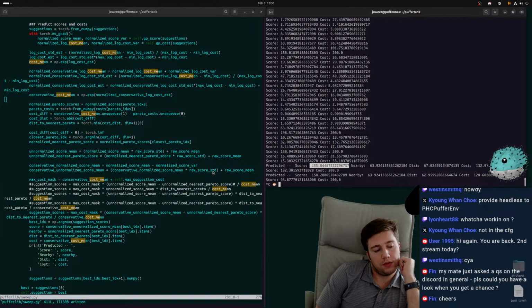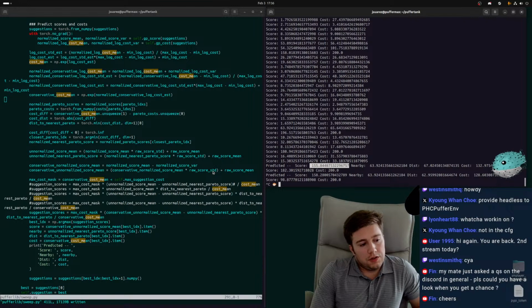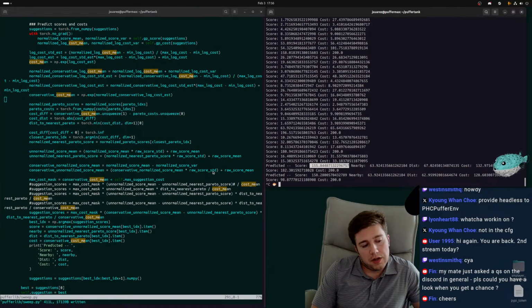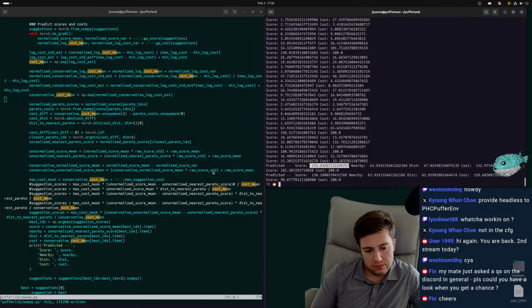Let me think about this. See, the problem with these sample-based metrics, right? The problem with this, you're not necessarily rewarding good samples.